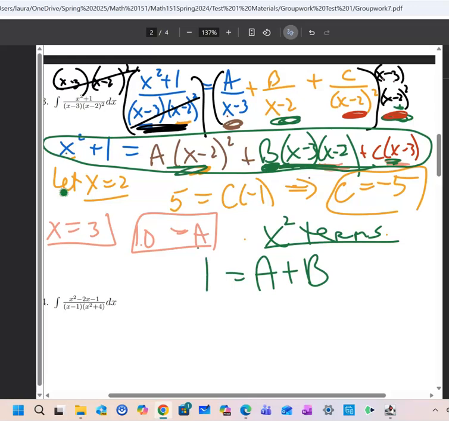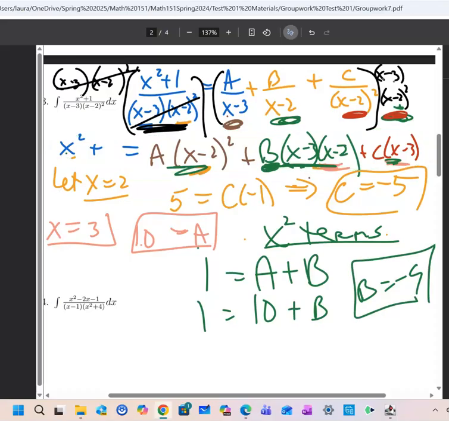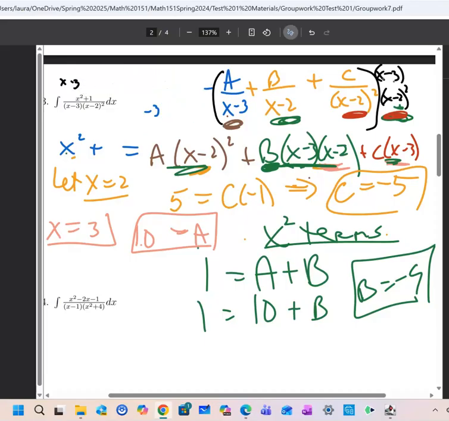Oh wait, I know what A is. A is 10, so I get B is negative 9.